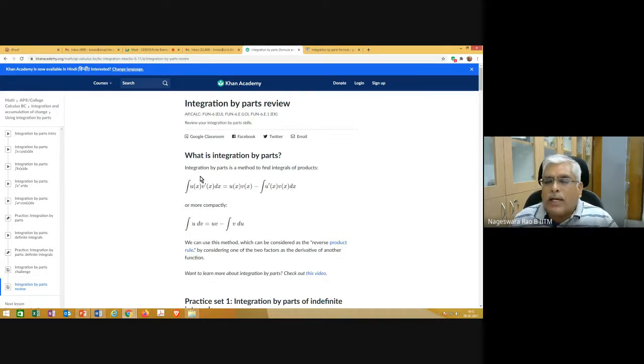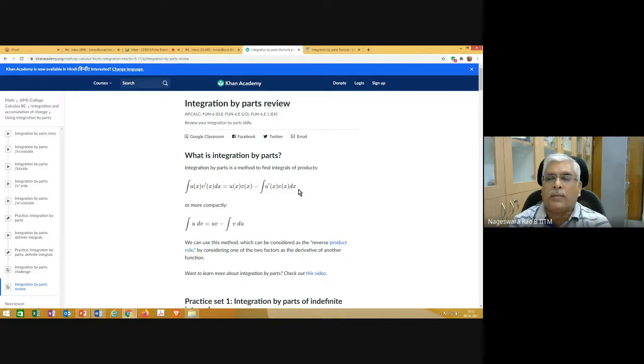And please note that when I say u as a function of x and v prime as a function of x, even second derivative can be written in this manner. Okay, that we will see in a while. Just take a note of this, and if you have any questions related to this explanation, let's discuss.